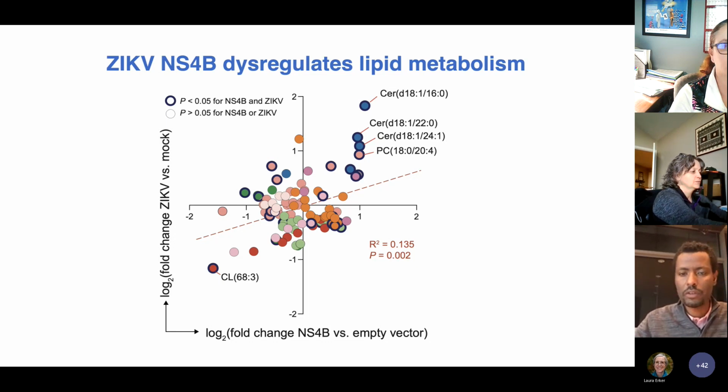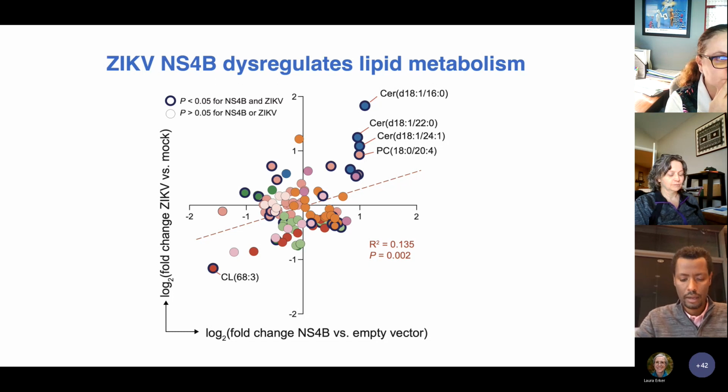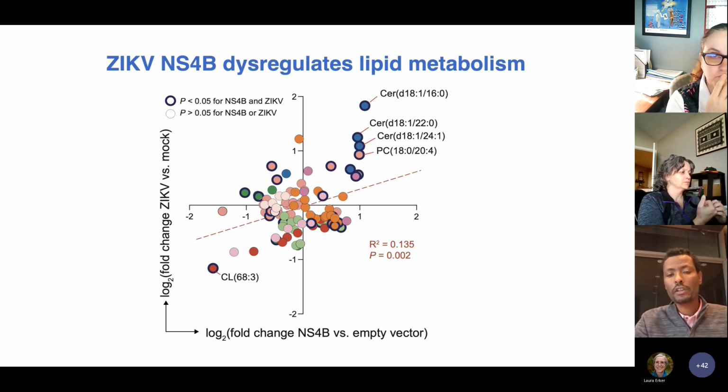When we do this correlation, the observation is very clear. There is a significant enrichment of ceramide species, one of the sphingolipids, in both infected cells and NS4B transfected cells, which shows that these lipids might be important for Zika virus infection.